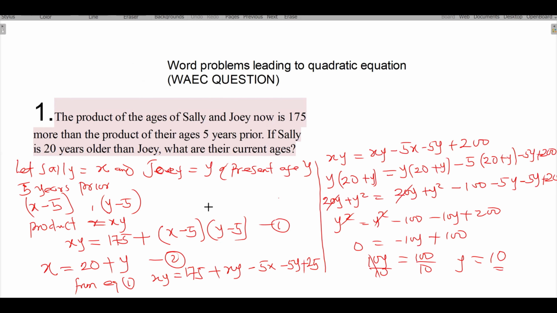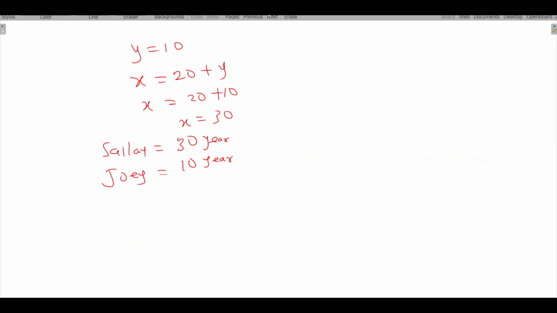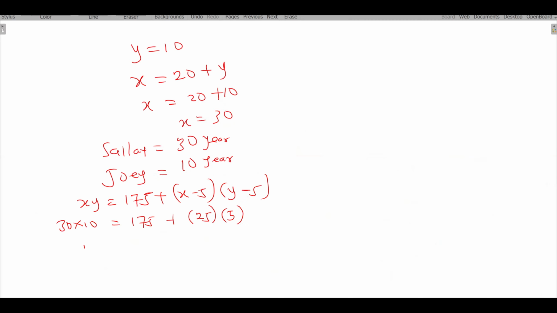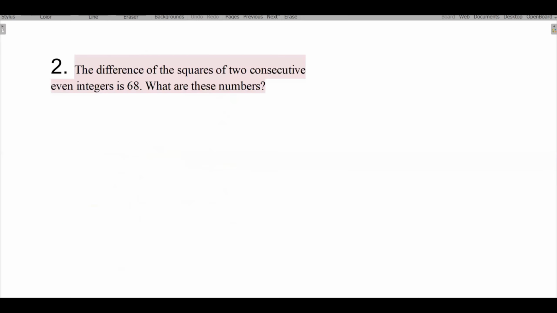If you check this, let's take X times Y, that's 30 times 10, equals 175 plus, X is 30 minus 5, that's 25, and Y is 10 minus 5, that's 5. This becomes 300 equals 175 plus 125. If we add it together, it equals 300. So that's true. So let's move to the next question.